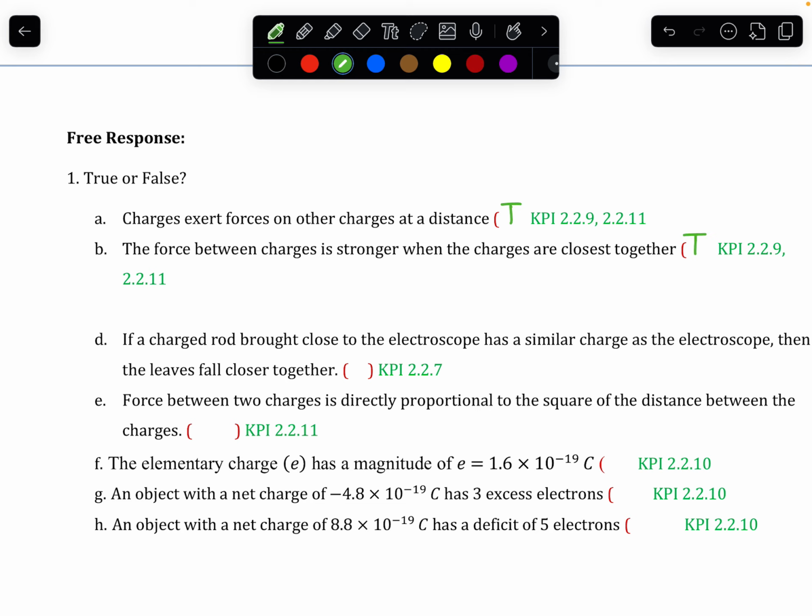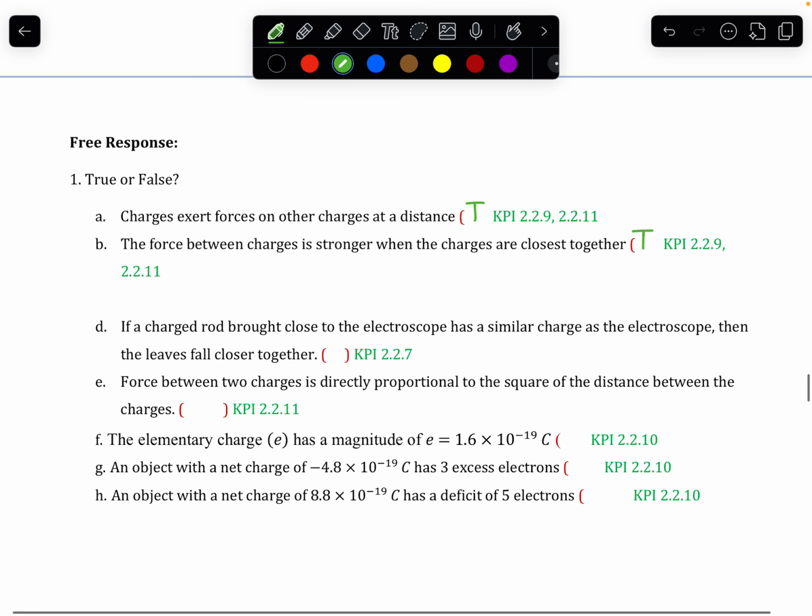If a charged rod with a similar charge is brought close to an electroscope, then the leaves will fall closer. That's not true. They will move further apart. Force between two charges is directly proportional to the square of the distance. That's wrong. It is inversely proportional.